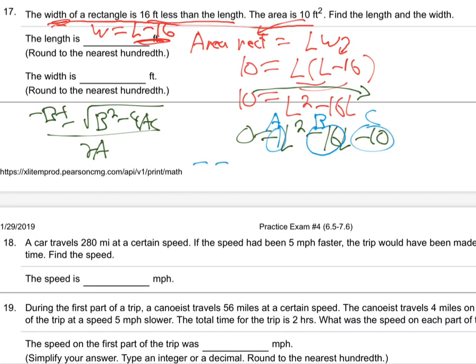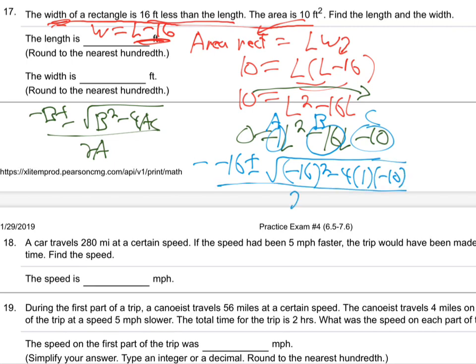So negative b, negative 16 plus or minus the square root of b squared minus 4 times a times c all over 2a. So that's what? 16 plus or minus the square root 256 plus 40 all over 2, because negative times negative makes positive 40.